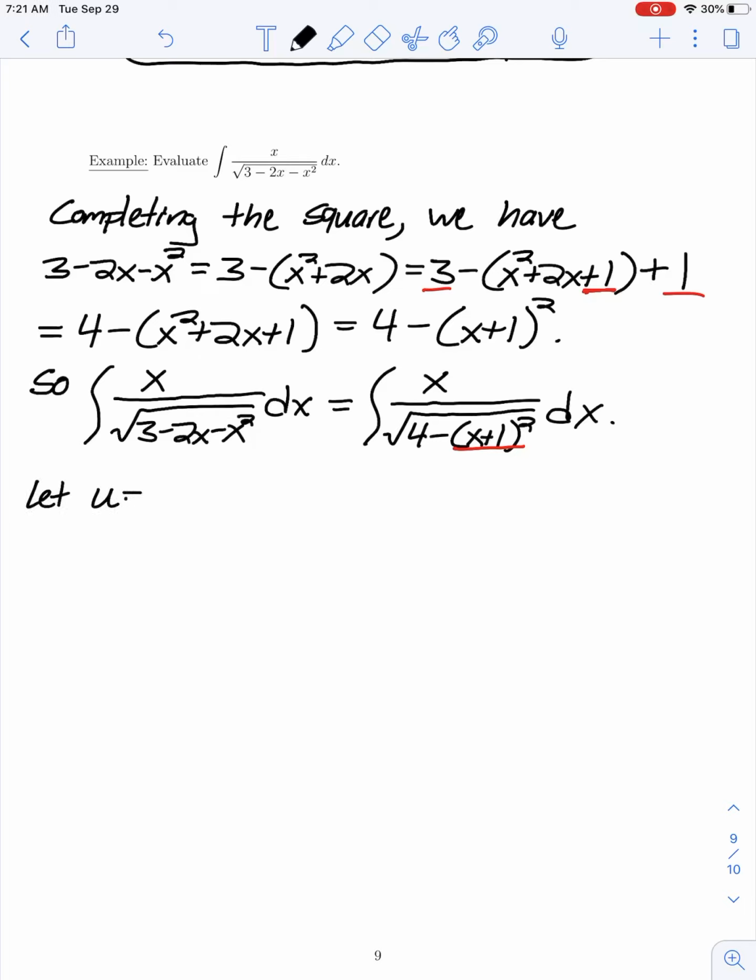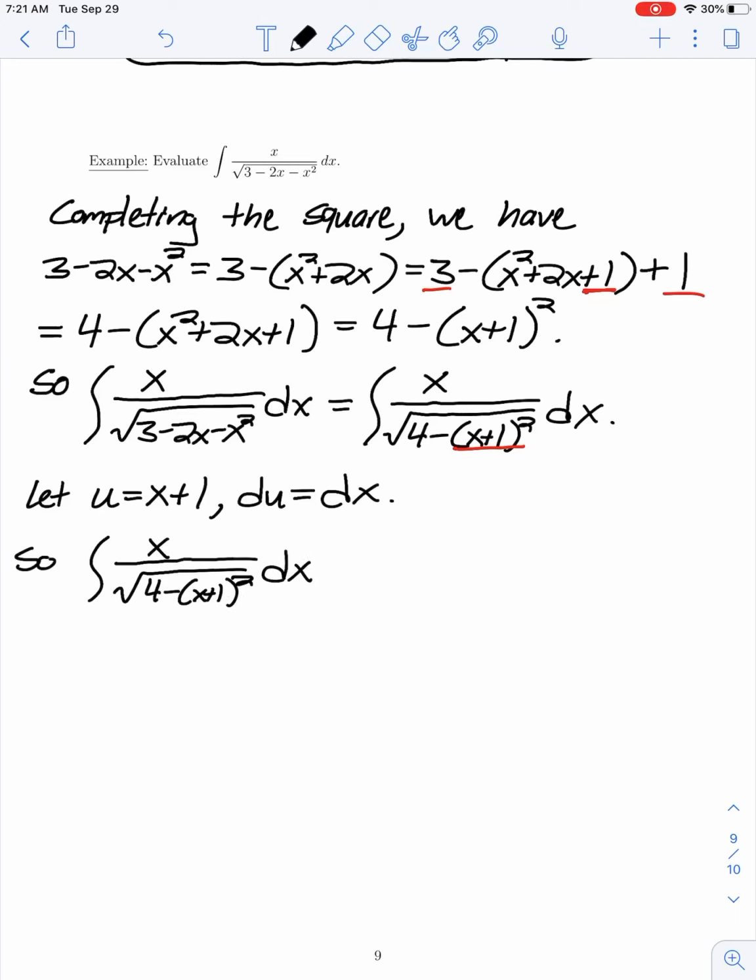So if I let u equal the inner function, x plus 1, then du is just equal to dx, and rewriting our integral in terms of u, we had x over the square root of 4 minus x plus 1 squared dx.